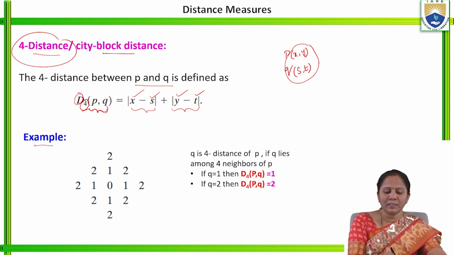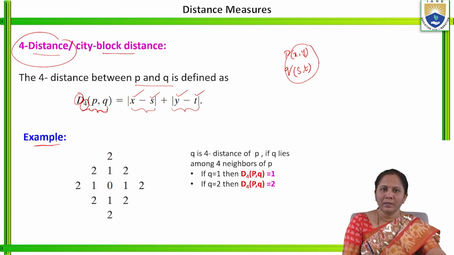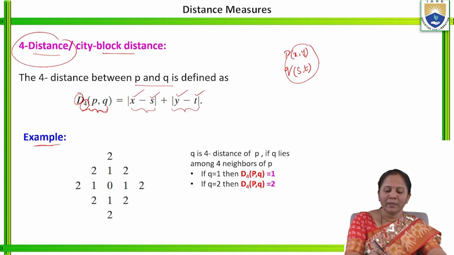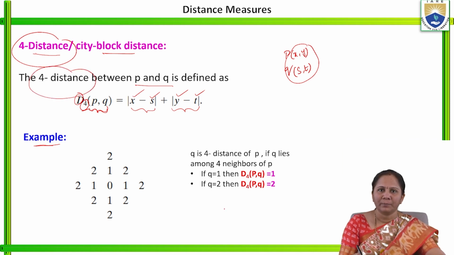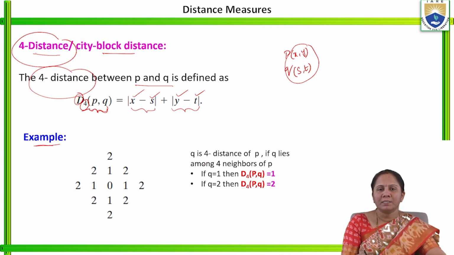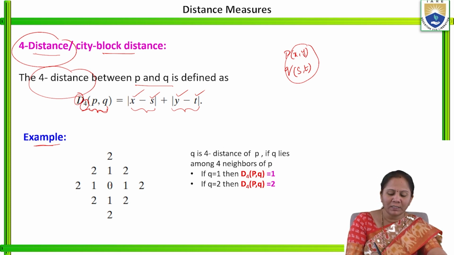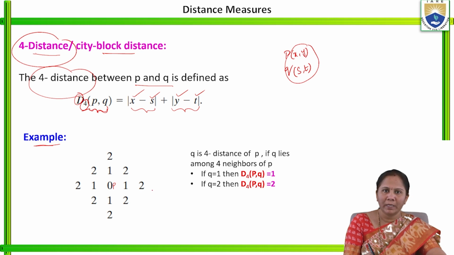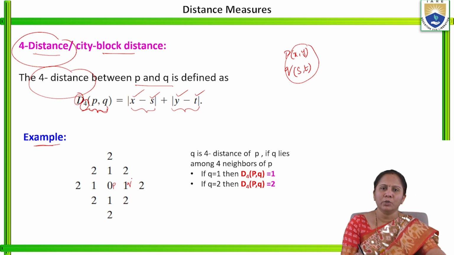If we consider one example, we will see how to measure the distance between two pixels using D4 distance. When can we say the pixel Q is 4-adjacent to P? If this is P and this is the pixel Q, how do we measure the distance between these two using D4 distance? Let us consider the distance between each pixel to be a unit distance.